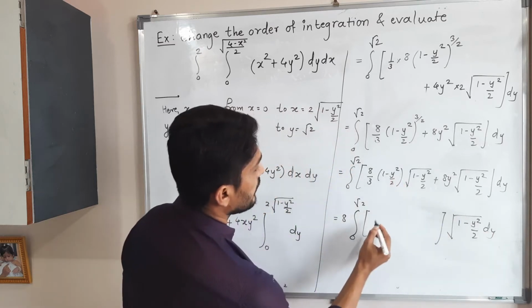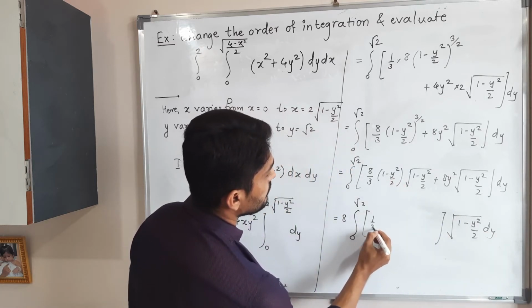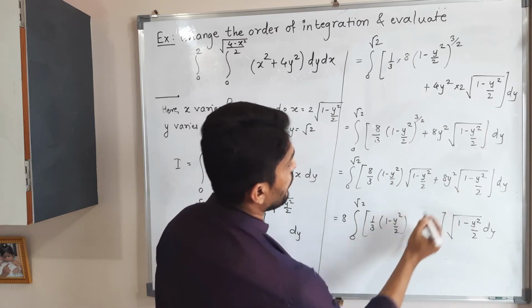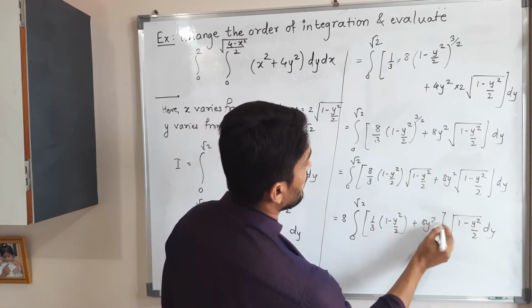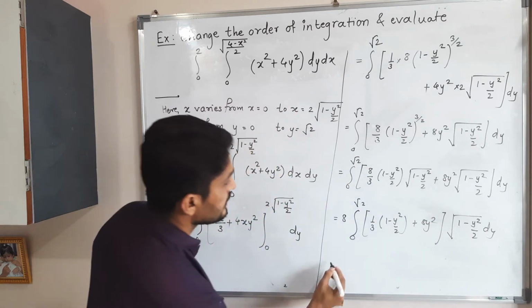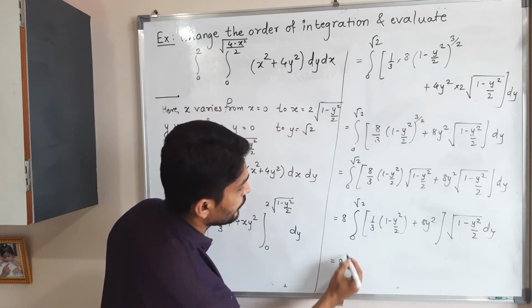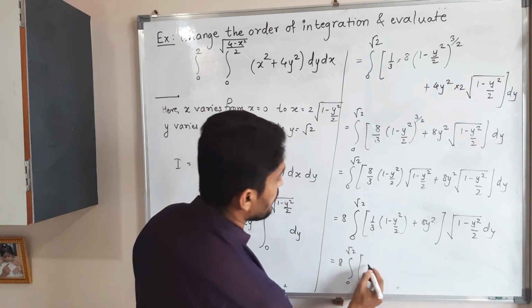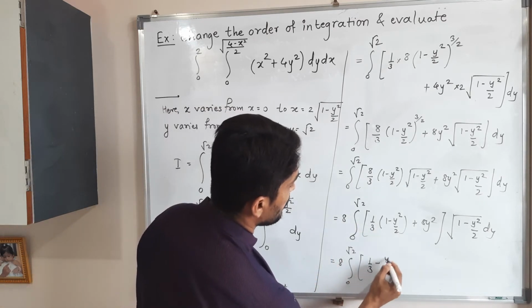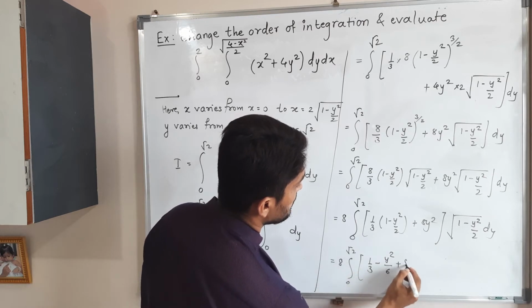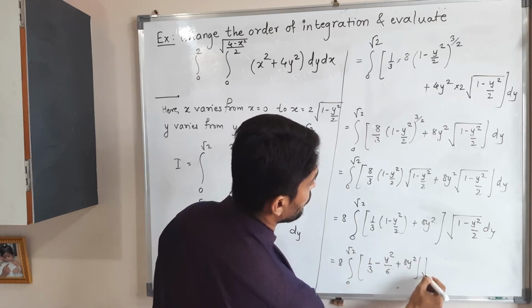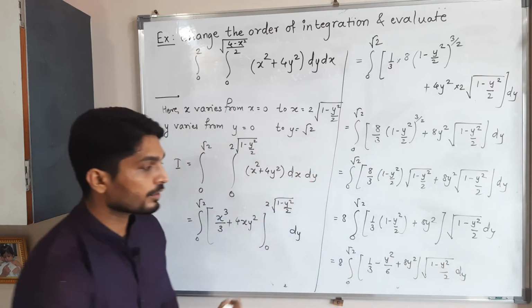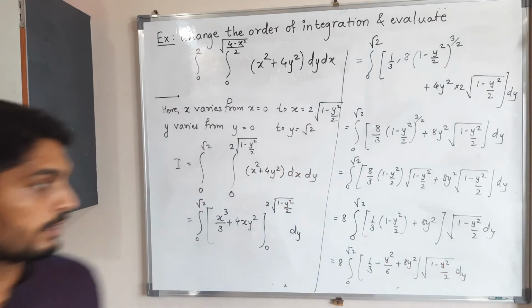What are the remaining things? 1 by 3 will be there, 1 by 3, 1 minus y square by 2. 8 also we have taken common, and here simply we have y square. So this is equal to 8, 0 to root 2. I will try to simplify. Here 1 by 3 minus y square by 6 plus y square, root 1 minus y square by 2 dy. Make a screenshot of it, and after that we will go further.